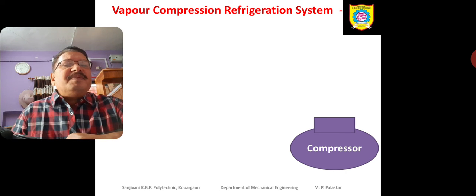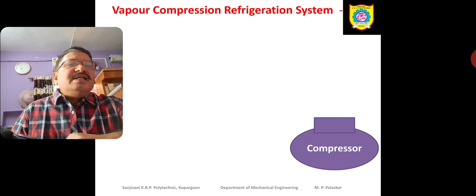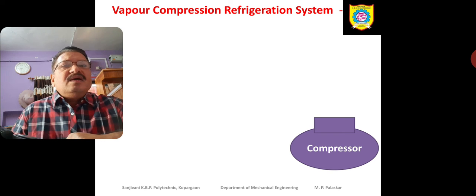The function of compressor is to increase the pressure of the refrigerant from evaporator pressure to condenser pressure. The refrigerant is nothing but the working substance which is used in the refrigeration systems.